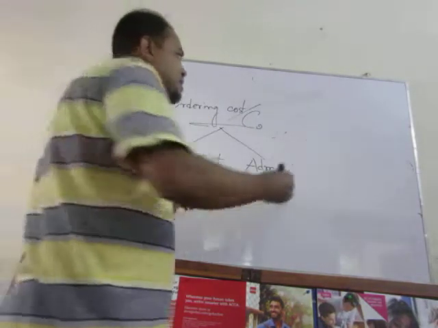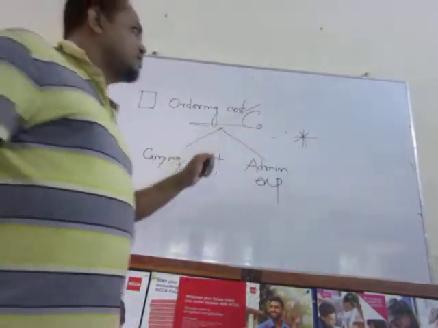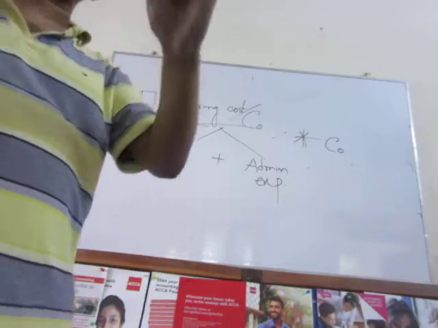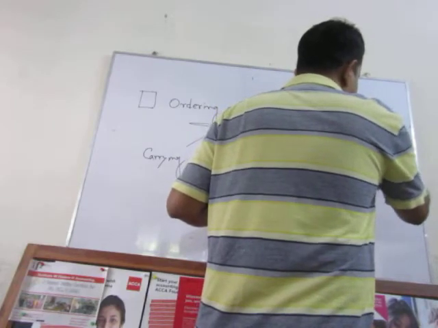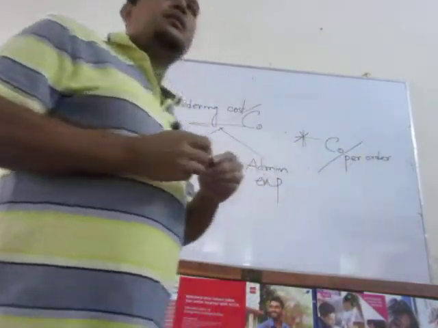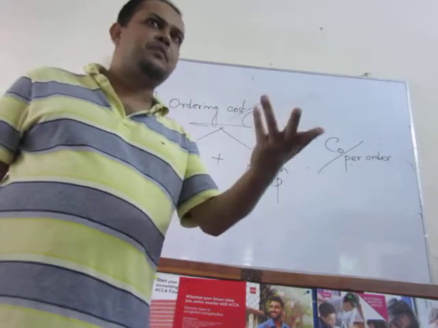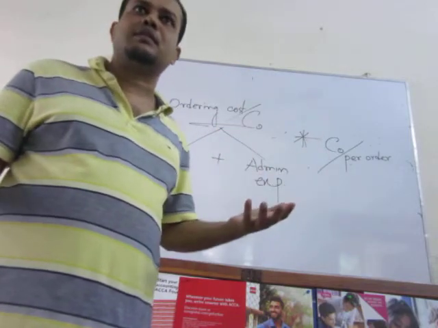But the important thing is, CO means ordering cost per order. This is per order cost. In a specific individual order, you can order 5 tons, you can order 10 tons, you can order different quantities.